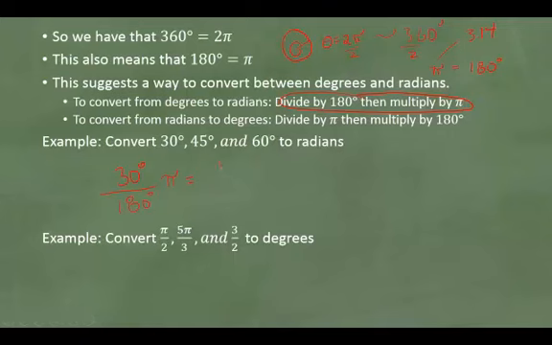This is 1 over 6 pi, or pi over 6 radians. Likewise for 45 degrees, divide by 180, multiply by pi. It turns out to be pi over 4, because 45 goes into 180 4 times.